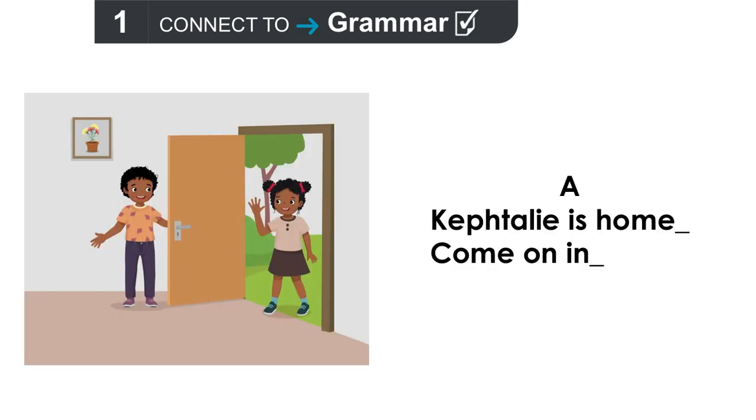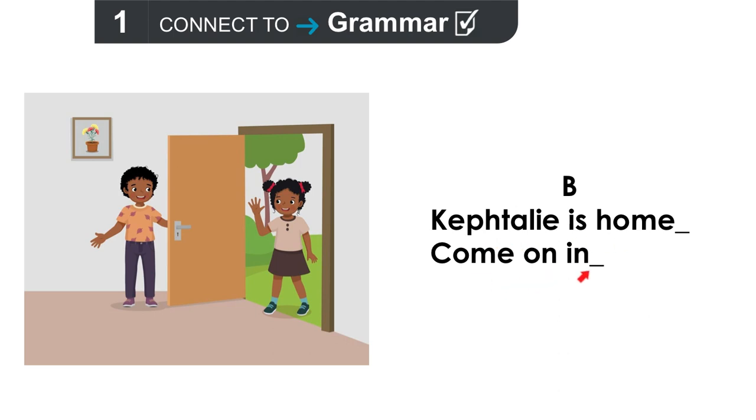There are two types of sentences that give information: a statement and an exclamation. The difference is the tone used for each, or how you say what you say. See if you can tell which of these is a statement and which is an exclamation. "Keftali is home. Come on in." "Keftali is home.